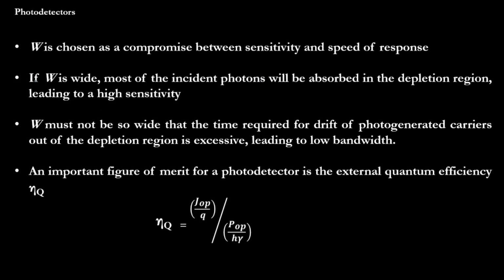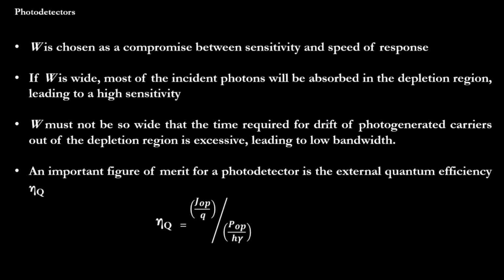If width is wide, most of the incident photons will be absorbed in the depletion region itself, leading to high sensitivity. But the problem is that W must not be so wide that the time required for drift of photo generated carriers out of the depletion region is excessive. That leads to low bandwidth. Already I explained this before.